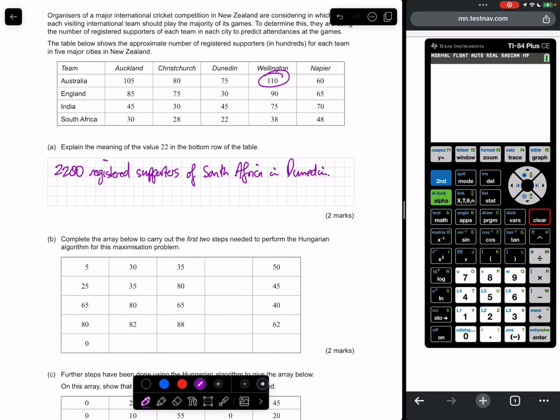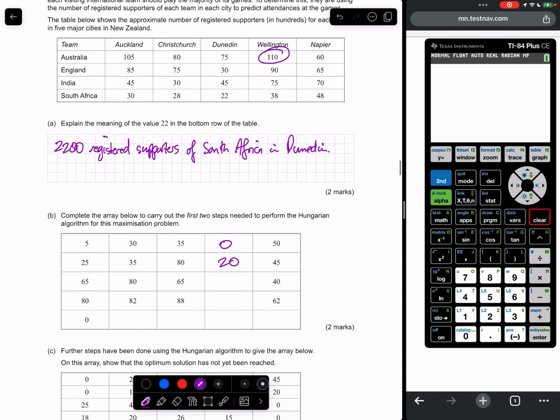Yep, so they've done those correctly. 110 take itself, 0. 110 take 90 is 20. 110 take 75, 75, 85, 95, 105, 35. 110 take 38, 72.